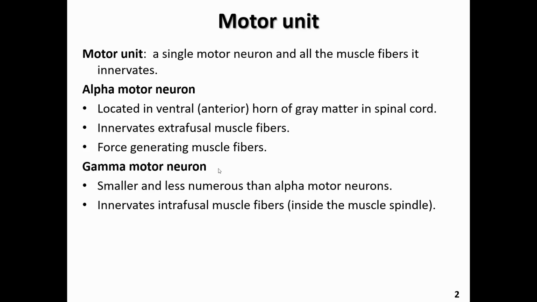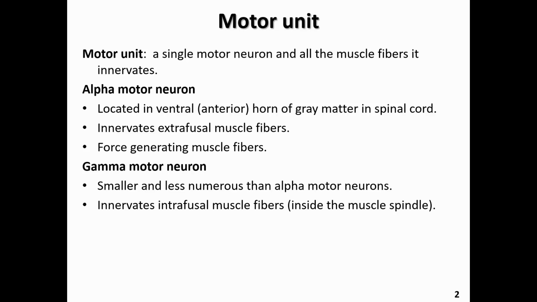Now, the gamma motor neuron will eventually play a sensory role. It's a motor neuron, so it sends out efferent signals, but these are the motor neurons that innervate what are called intrafusal muscle fibers, as we'll define a little bit later on here in this video.